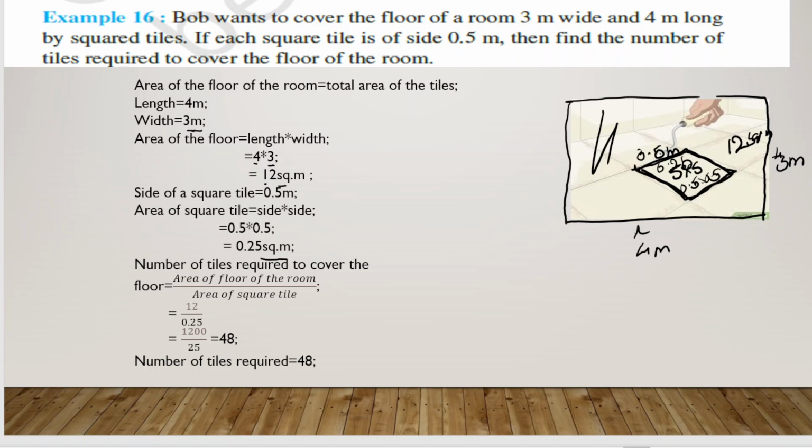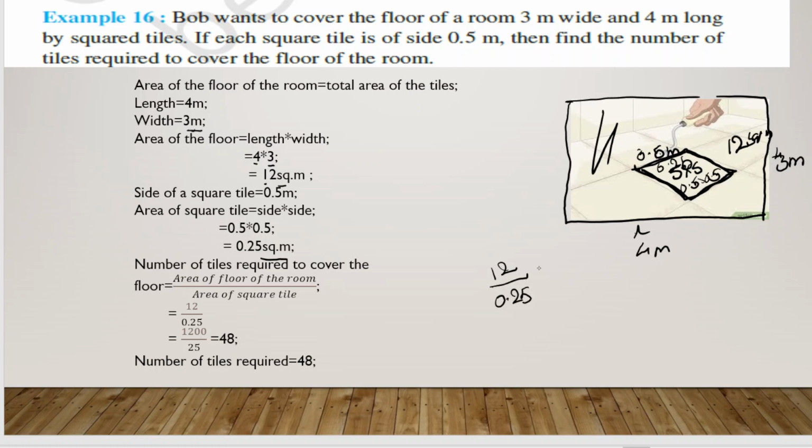Here we need to divide the area of the floor of the room by the area of a square tile to find out the number of tiles that are required to cover the room. So here the area of the floor we got as 12 square meters and the area of a square tile is 0.25.